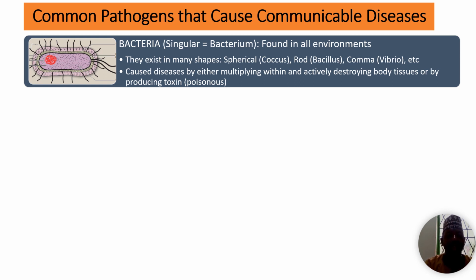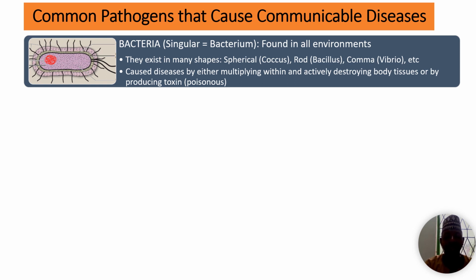Generally, bacteria exist in many shapes, such as spherical shape or coccus, rod shape or bacillus, comma shape or vibrio, spring shape or spirillum, and so on. So they exist in various shapes.